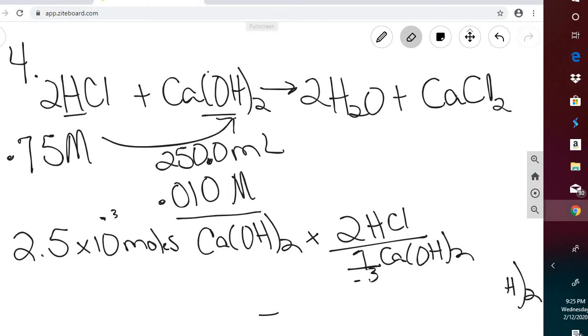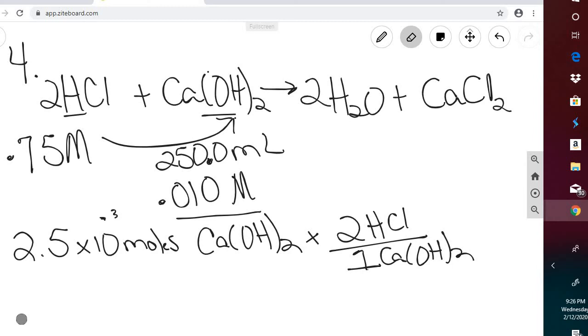Okay, so you're going to take 2.5 times 10 to the negative 3 and divide by 2. And so that will give you... check my math here.